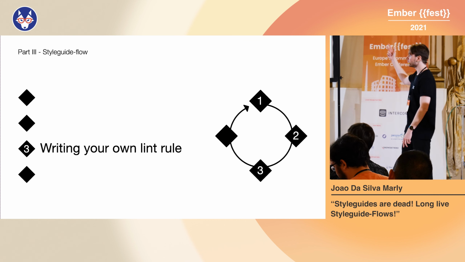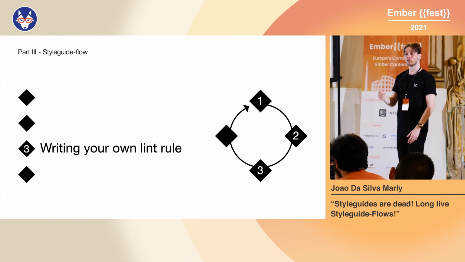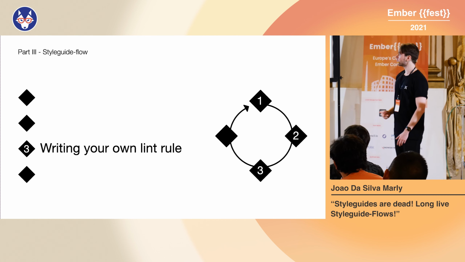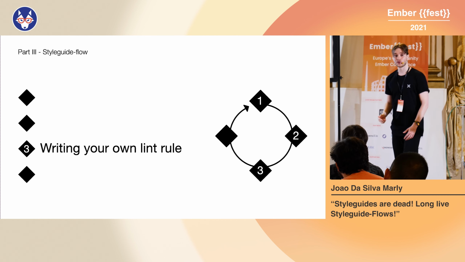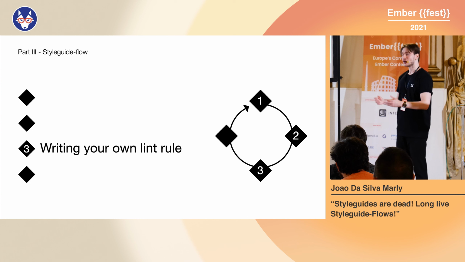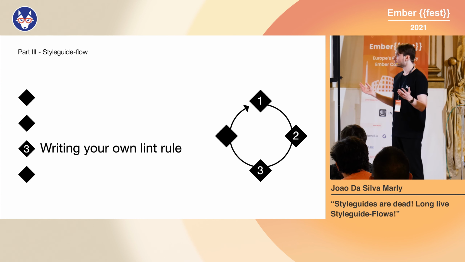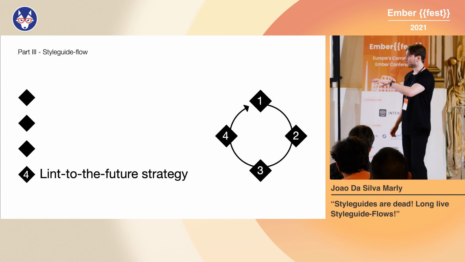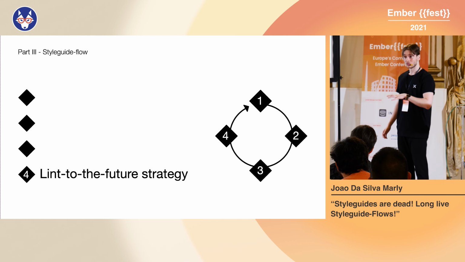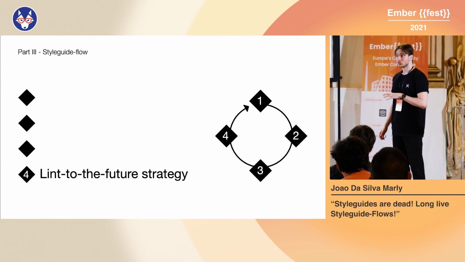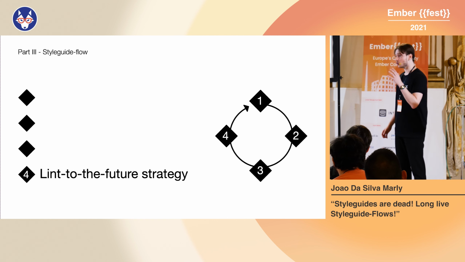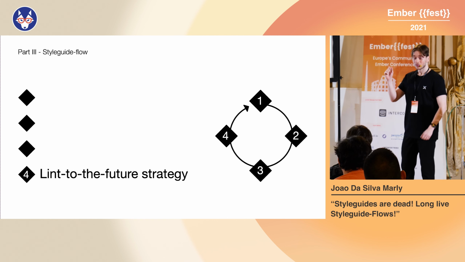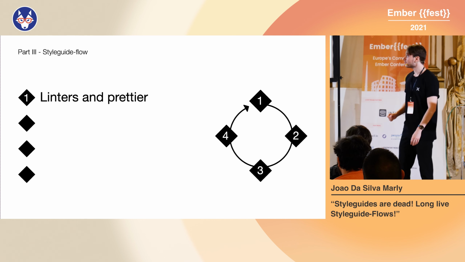So 3, you write your own lint rule based on your style guide rules. You add it to the project, you run it, and then you have dozens of files on error. You run lint to the future. And you just ignore the files with your new lint rule. And that's it.